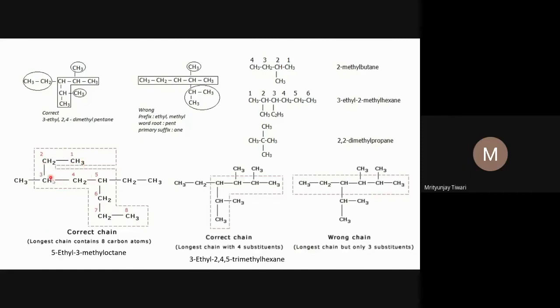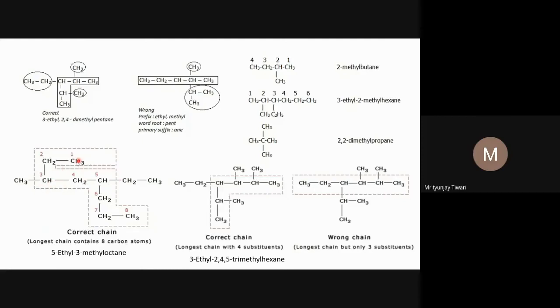So this is the main chain, the longest continuous chain, and not this one, or not even this one, or not even this one. So what then comes is the numbering. If you start numbering from this direction, one, two, three, four, five, six, the fifth and sixth positions will have branching.